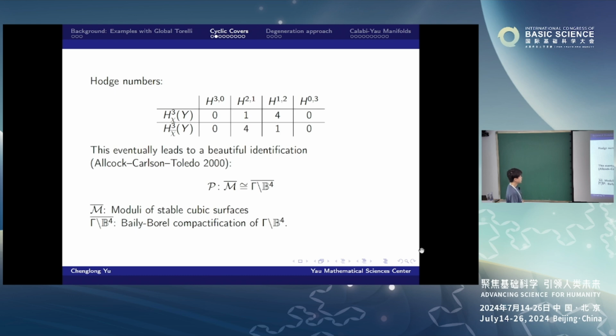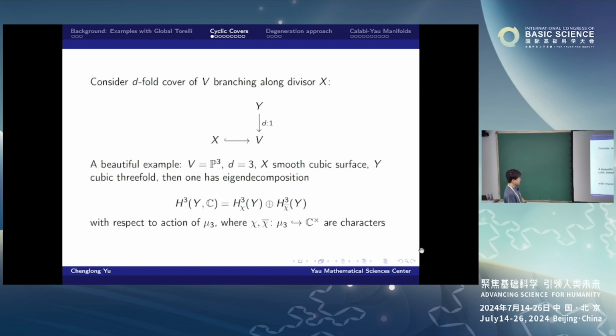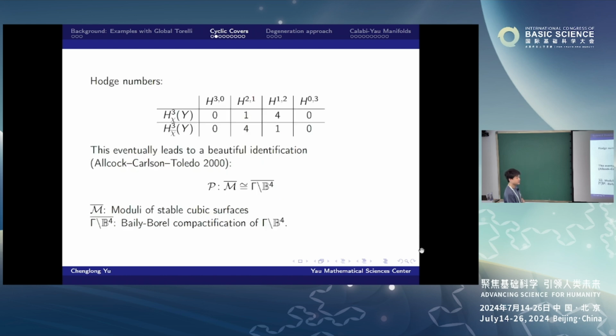A famous work by Allcock, Carlson, and Toledo gives you global Torelli for this case. So you consider M to be the moduli of stable cubic surfaces. In the previous case, when V and X are smooth, then Y is also smooth, so you consider smooth cubic threefolds. But when it's not smooth, you also need to capture the degenerations of those varieties together with degenerations of Hodge structures. And it turns out, in this case, everything is very nice.